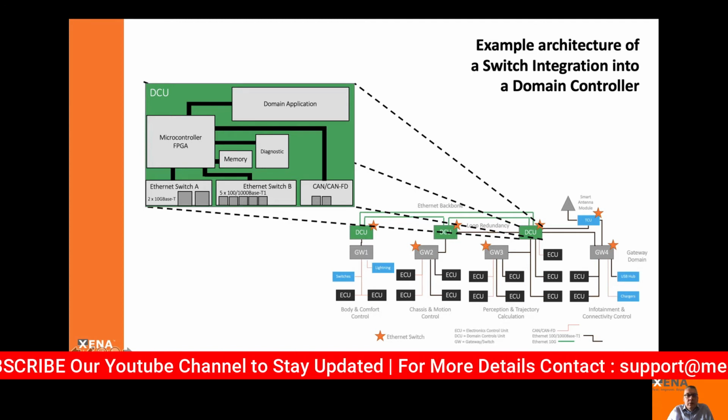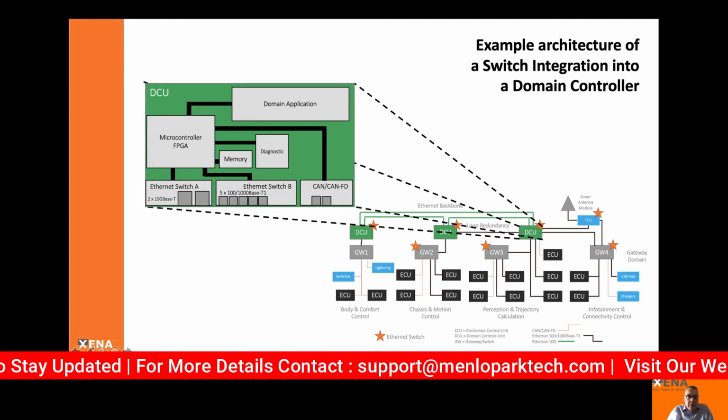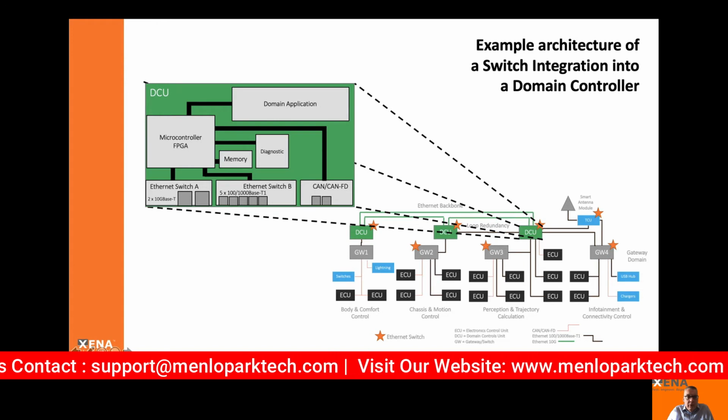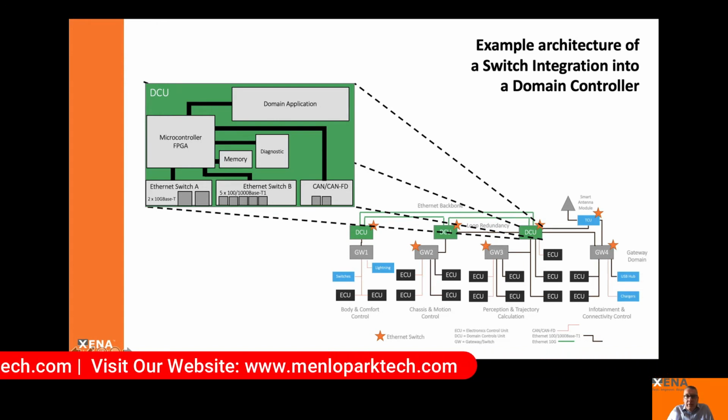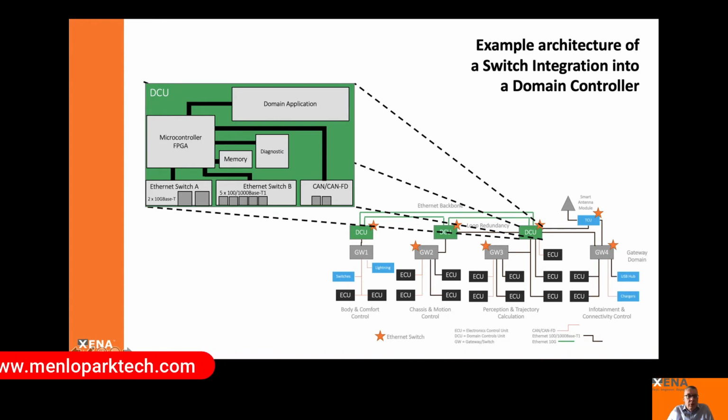We have two switches involved, a 10 gigabit switch and the Automotive Ethernet switch. We have a CAN-FD module, a diagnostic module, a shared memory, and the domain application. So we probably have a gateway application as well, and then the core microcontroller or FPGA, which is then doing the processing of the data.